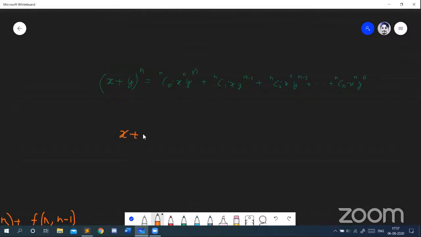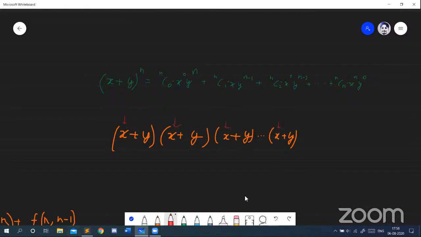So I have x plus y, and this is written n times. What I'm saying is that to get x to the n, I'll just multiply this term with this term and this term and so on. I'll take the term containing x for all the brackets, right? And that'll just give me x to the n, and the coefficient will be 1.